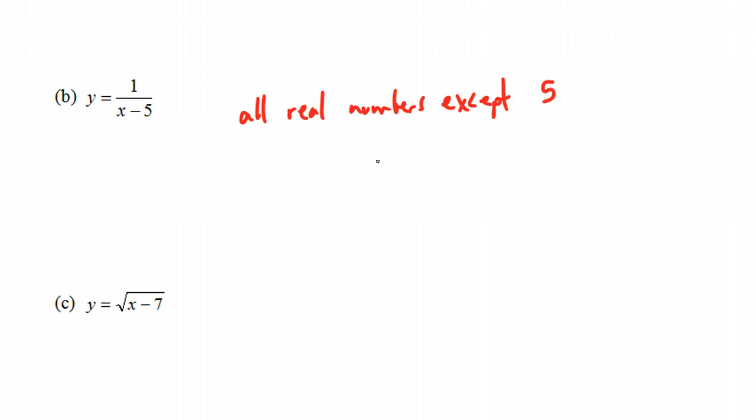Now, the way to write that is the interval from minus infinity to 5, open interval, or 5 to infinity. These would be all of the numbers that are less than 5, and this is all of the numbers that are greater than 5. But that does not include 5 itself. Okay, so all real numbers except 5.